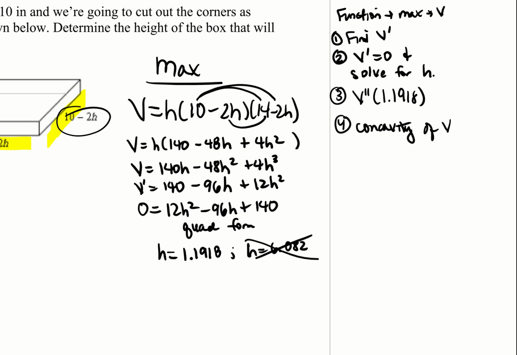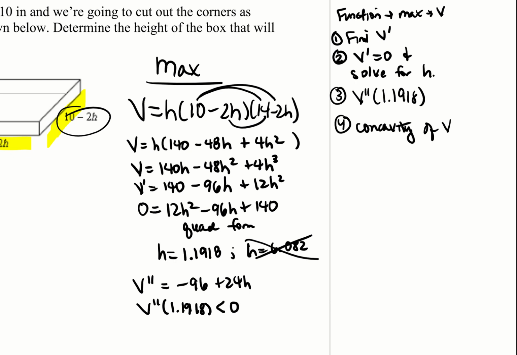All right, so the second derivative of V would be negative 96 plus 24h. And if I evaluate that when h is 1.1918, I'm going to still get a negative.